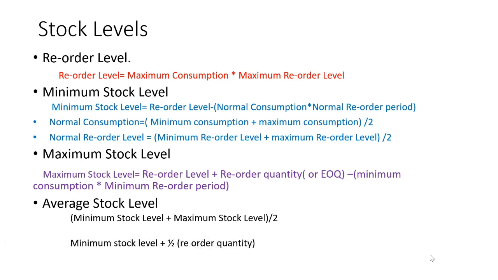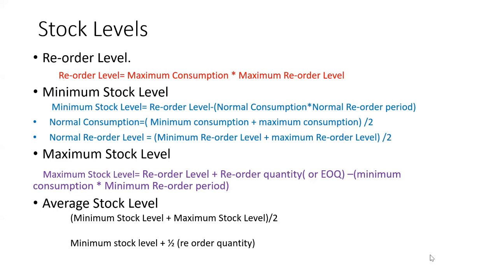Second one is minimum stock level. They usually give you the normal consumption and normal reorder period. If they have not mentioned it, then minimum consumption plus maximum consumption divided by 2 gives the normal consumption.